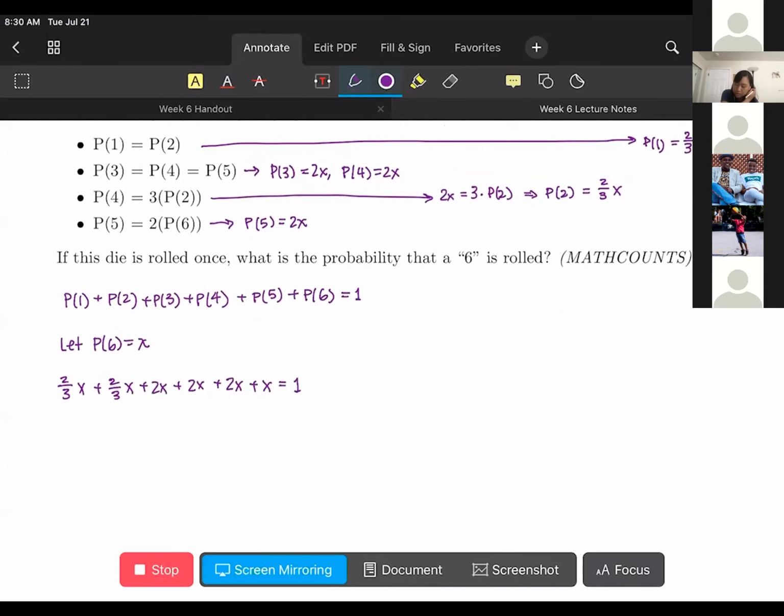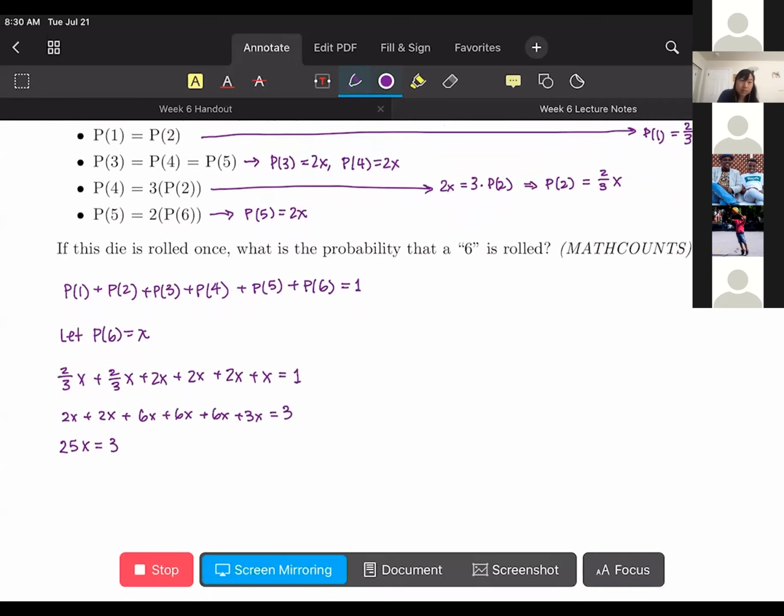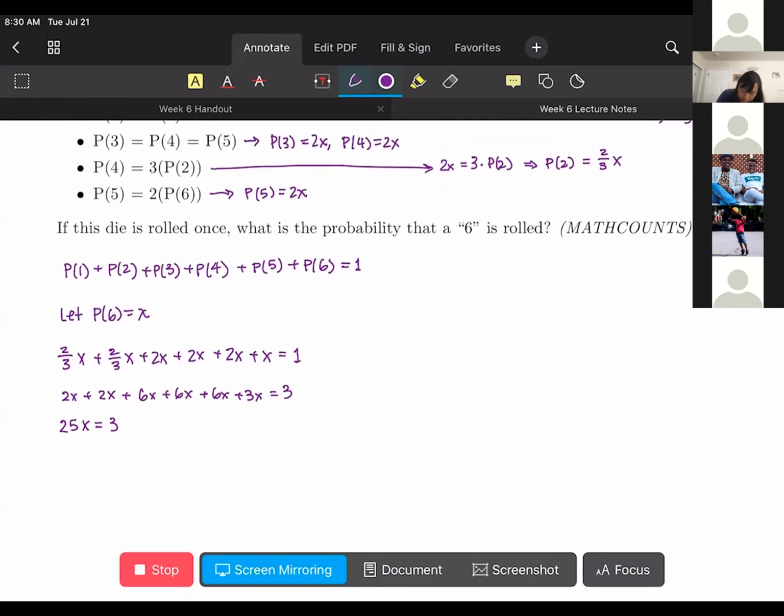So now we could sum this up. What we could do is maybe multiply both sides of the equation by 3. So we'll get 2X plus 2X plus 6X, and then this gives us 25X equals 3, which means X equals 3 over 25.